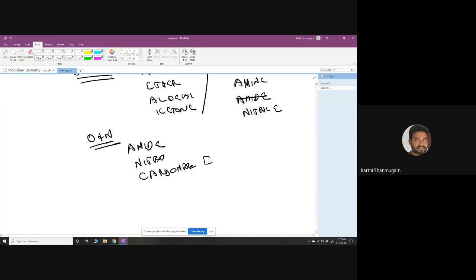Does it contain nitrogen? So CO minus. Do you mean this as carbonate? No, no, this is carboxylate, right? Okay, carbonate is okay. Then anything else?